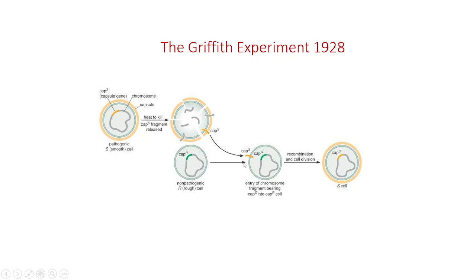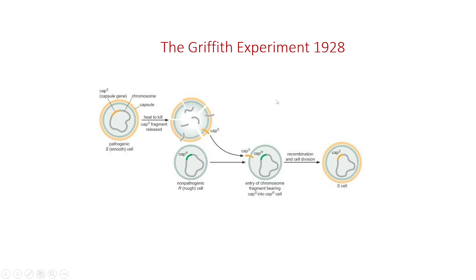Now what happens, you see that there is a portion of the gene. This marked green portion, or the yellow portion, we basically call them inserts or segments of the particular gene which can undergo recombination.